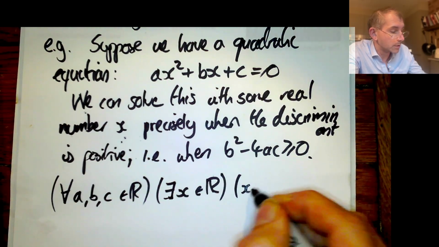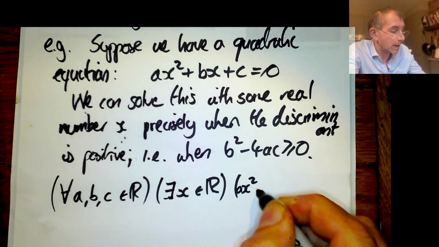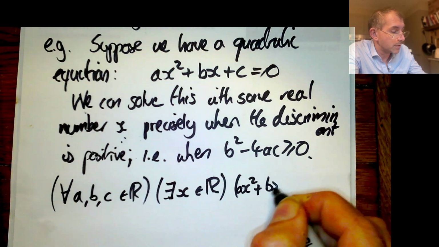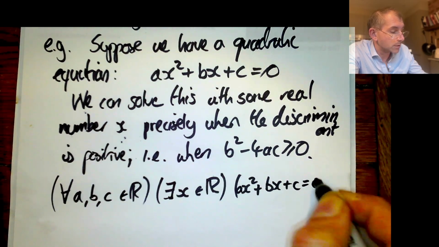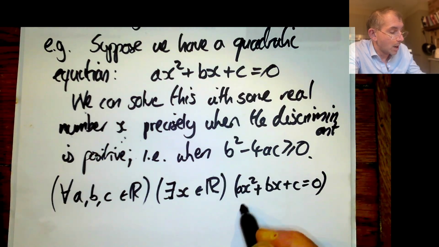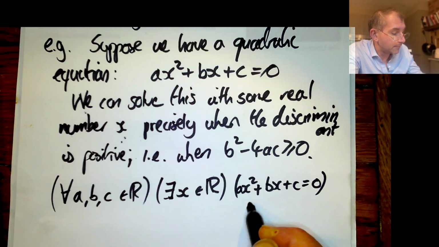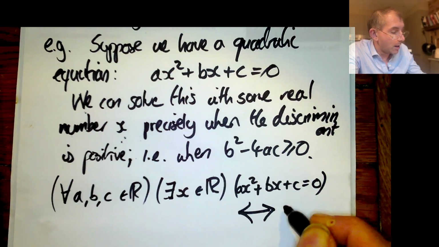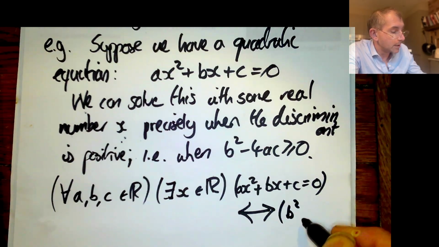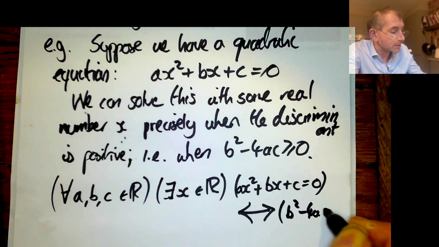So this statement holds: ax squared plus bx plus c equals 0 if and only if b squared minus 4ac is bigger than or equal to 0.